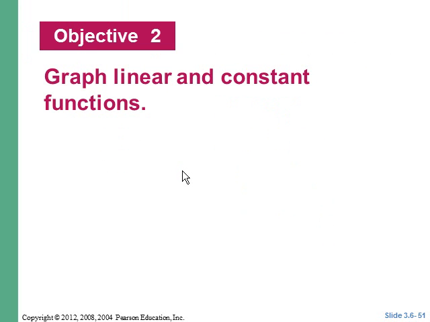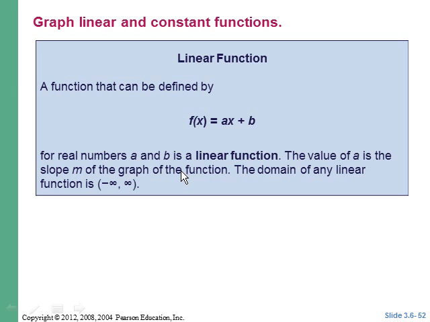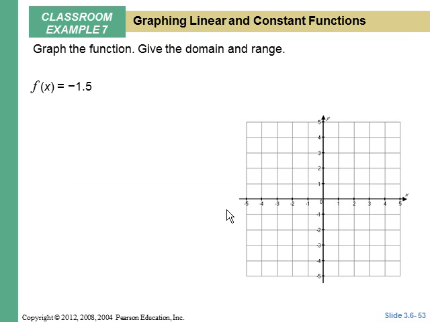Oh, I'm sorry, I forgot that we had to graph linear equations, or linear functions. So when we graph them, this is the slope, this is the intercept. It's pretty easy. In this case, though, there is no slope, just an intercept. So we intercept at negative 1.5, and the slope is 0.